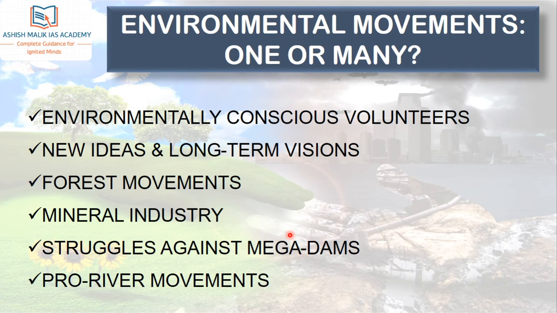They could result in floods, major floods, artificial floods, as we call them. And these movements which are against mega dams are pro-river movements. They are in favor of the river. These people who are opposing construction of mega dams want to maintain the proper natural flow of the river. So these movements are considered as pro-river movements.